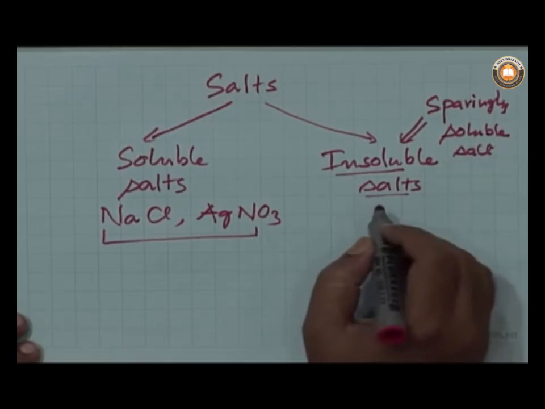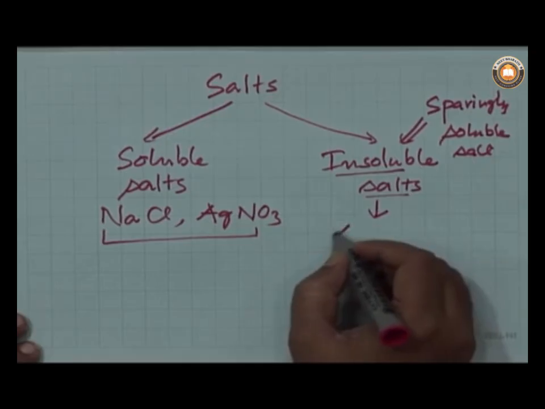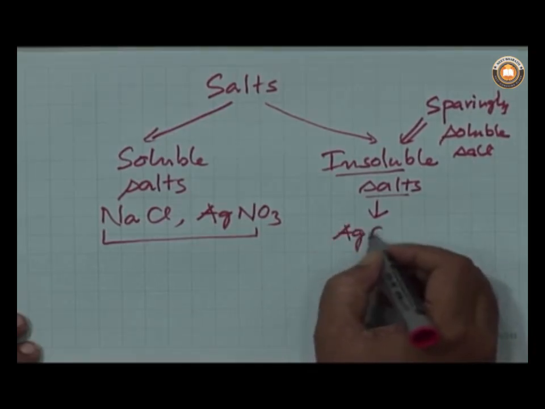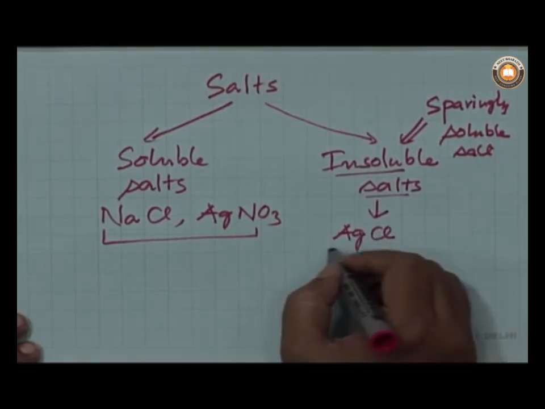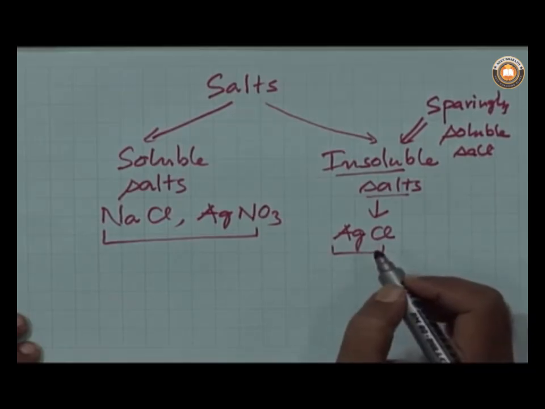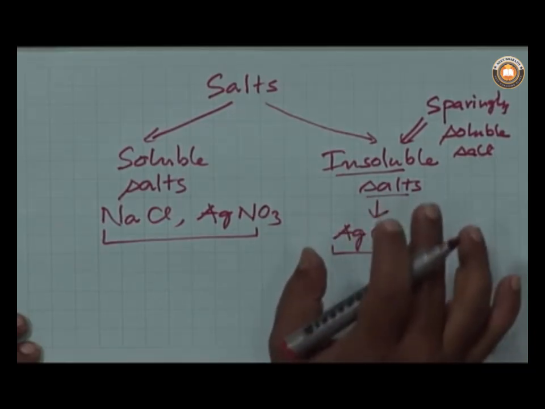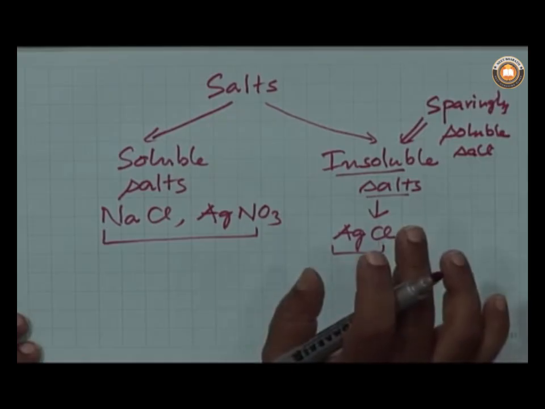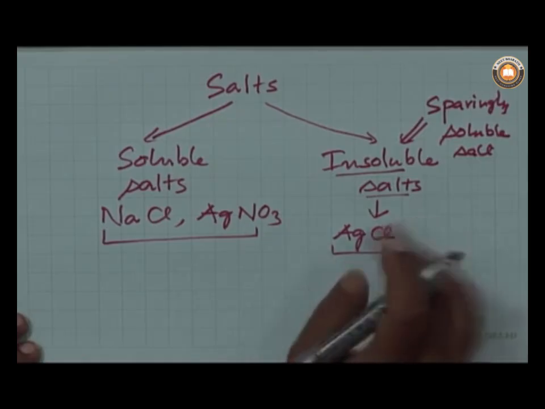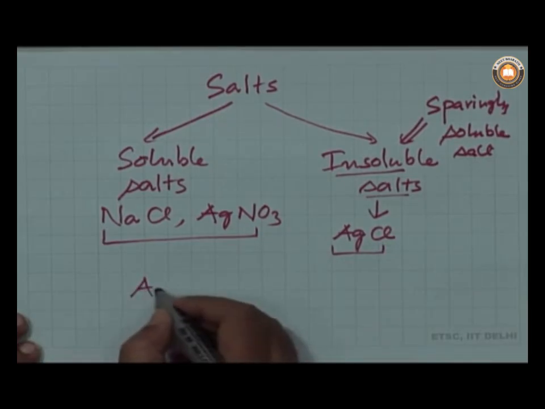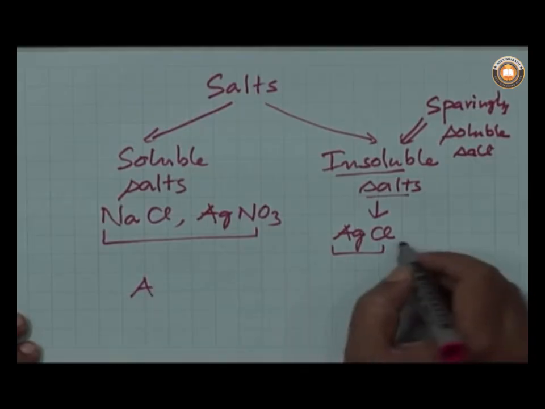So, these salts, for example, AgCl, does not go completely into solution. So, generally they are weak electrolytes.